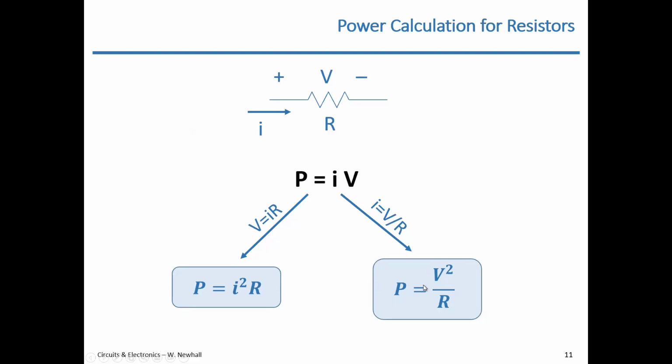What does that mean? When P is greater than 0, using the passive reference configuration, that circuit element is absorbing power. When P is less than 0, that circuit element is supplying power. Since P will always be greater than 0 for a resistor, a resistor is always absorbing power. It means it's getting hot.